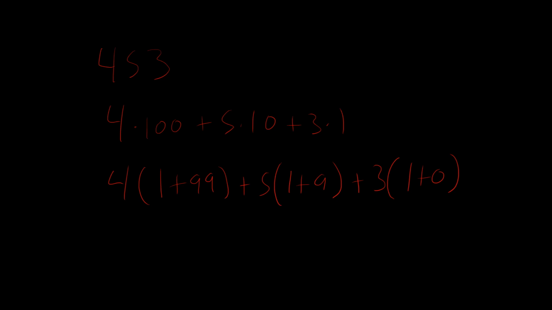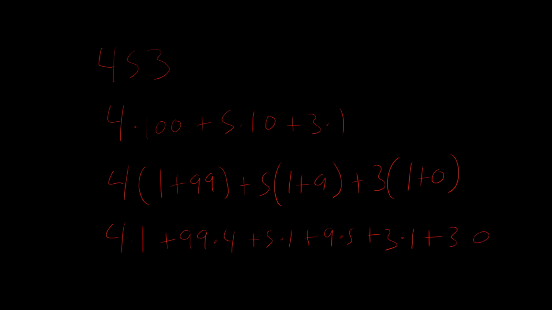And then you could expand this out. You could say 4 times 1 plus 99 times 4 plus 5 times 1 plus 9 times 5 plus 3 times 1 plus 3 times 0.